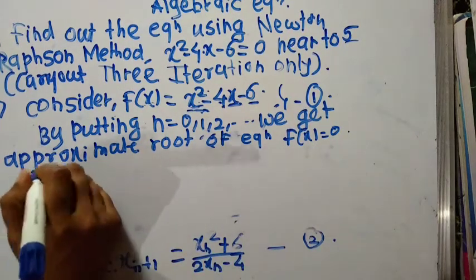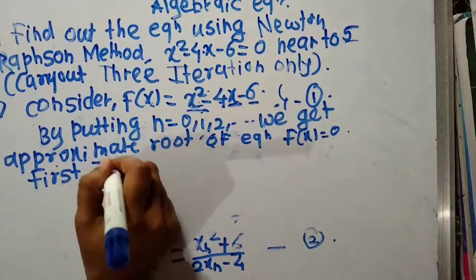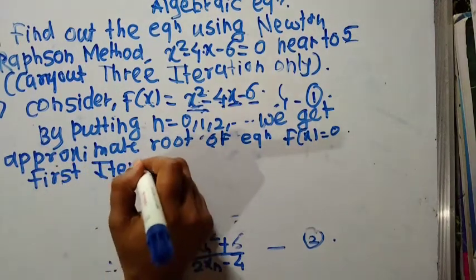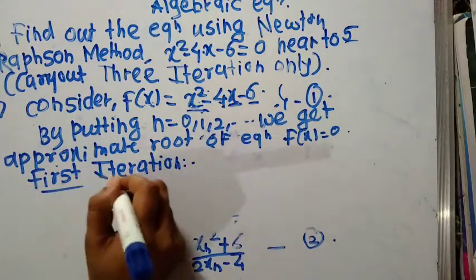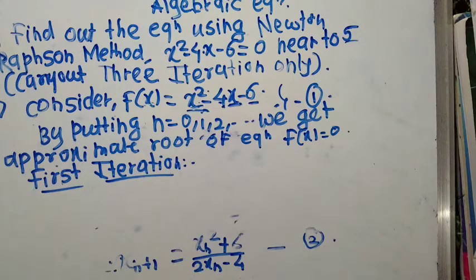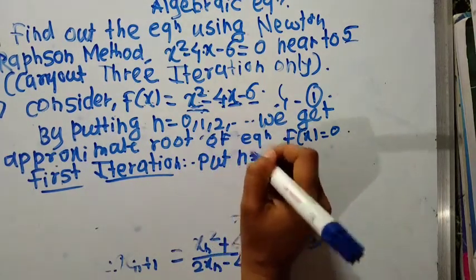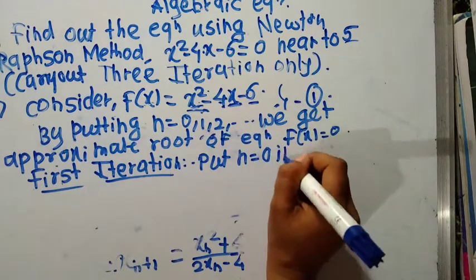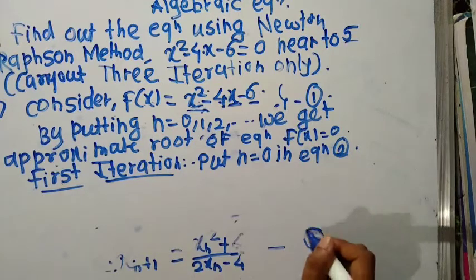Then find out the first iteration. For the first iteration, put n is equal to 0 in the second equation.